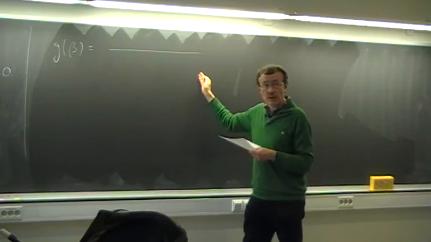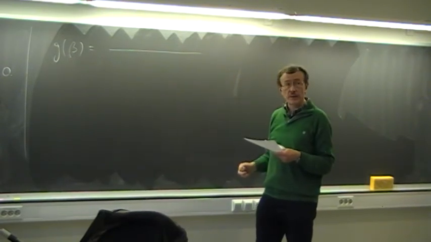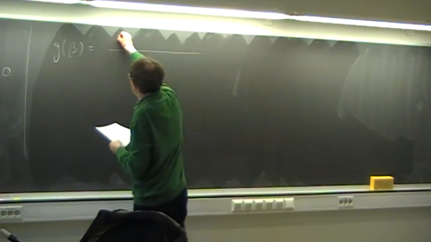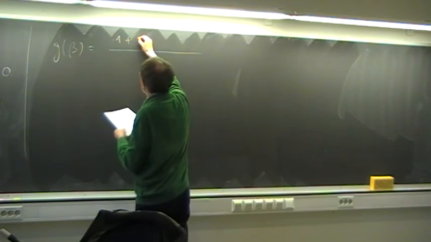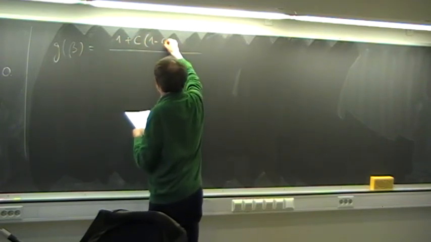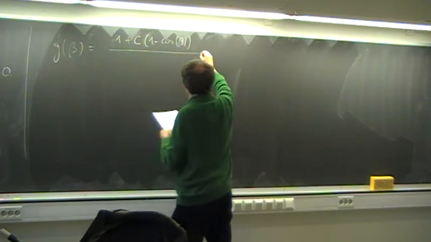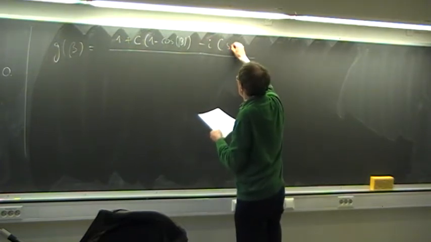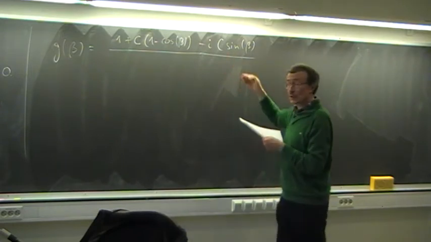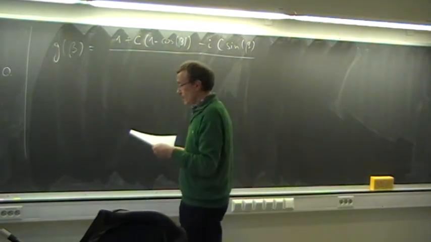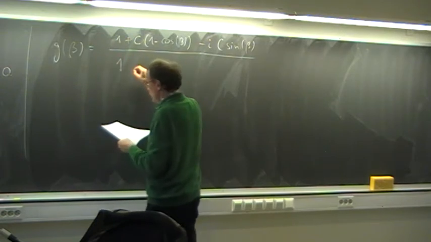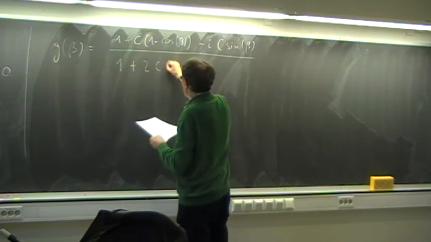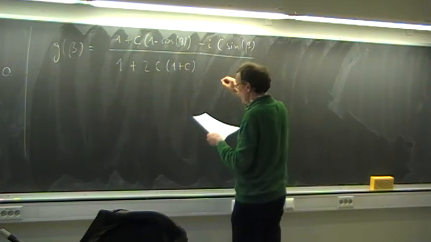When we have a complex number in the denominator, when we multiply that with its complex conjugate, we get that also in the numerator. And then we get 1 plus c times (1 minus cosine beta). Then we get it with a minus i c sine of beta. So this is the complex conjugate of what we have in the denominator. If we do that also in the denominator, we get the absolute value. This is what we just computed over there.